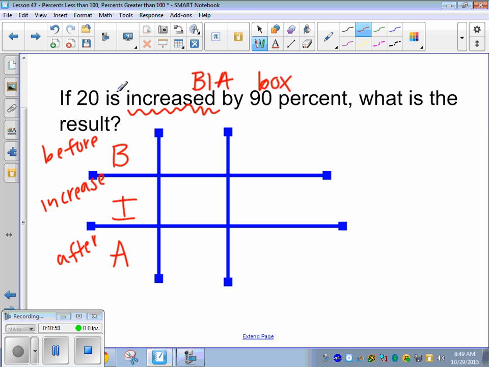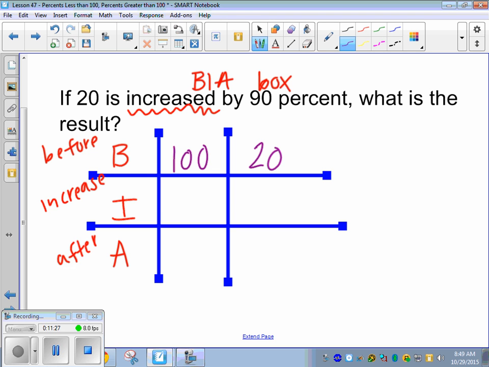So if 20 is increased by 90%, what is the result? So where do we think this 20 is going to go, Julia? It's actually going to go over in this second column, because who remembers what always goes here? Yeah. Percents. Yeah, but what goes in this top box? Dylan? Numbers? Yeah, Isaac? 100, yeah.